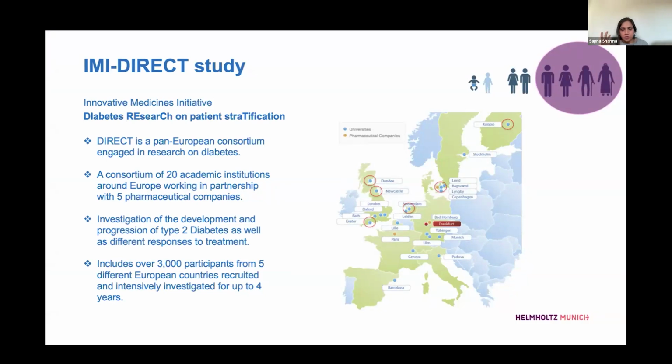Always the recruitment is more than what we get in the end, but in the end we had 3,000 participants, and more than 40 statisticians and researchers from all over Europe came together to do this study. I was focusing on metabolomics.